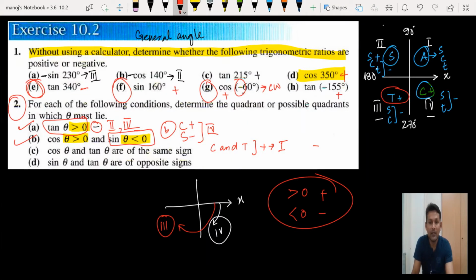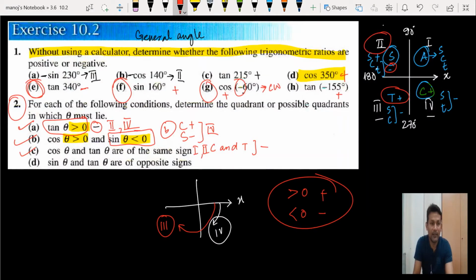When both are negative, it is in the second quadrant, where cos and tan are both negative. So I will write: the first and the second quadrant, part C.